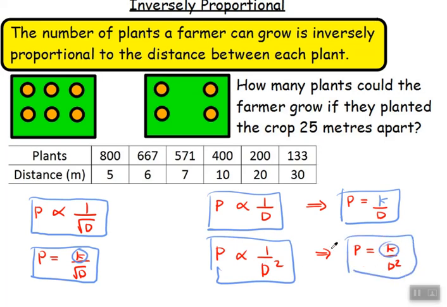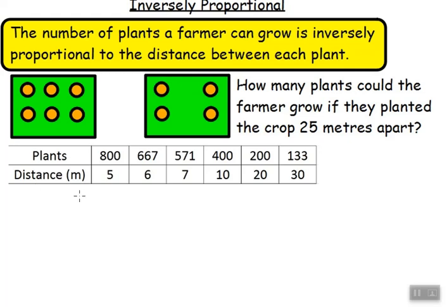Now let's actually do that for this example here. So we've just established that P is inversely proportional to 1 over d. That means the formula is going to be P is equal to something divided by d. Now we need some data. So here's our data. In this field, if the farmer plants the crop 5 meters apart, then they can fit 800 in.